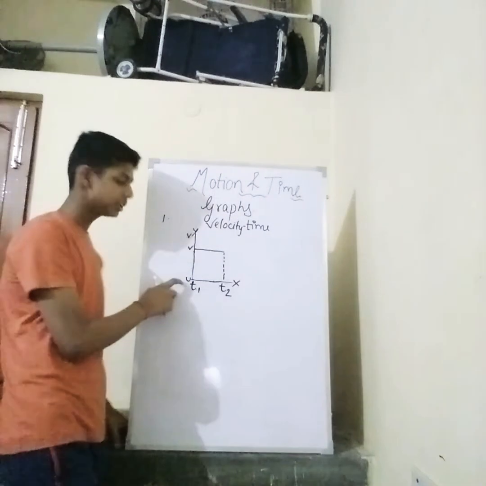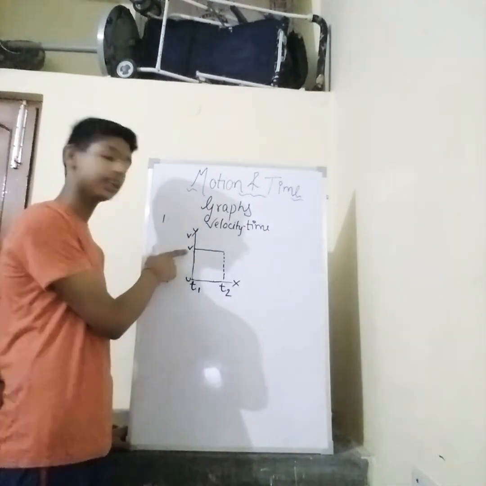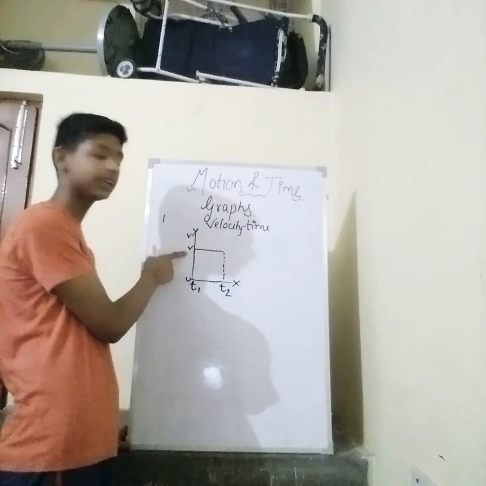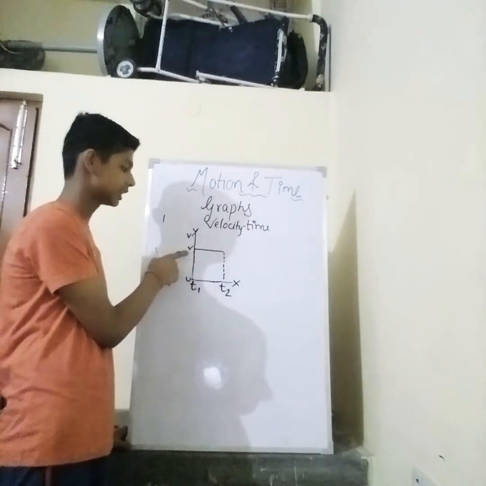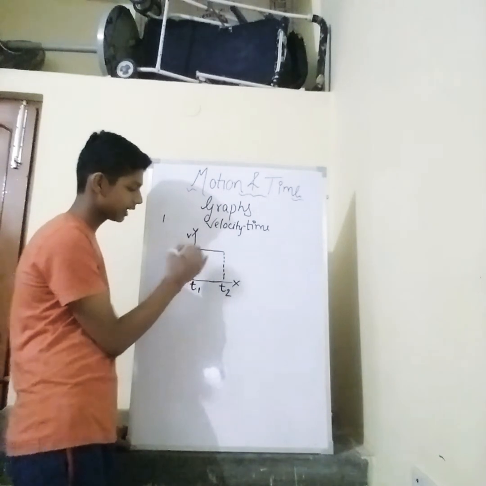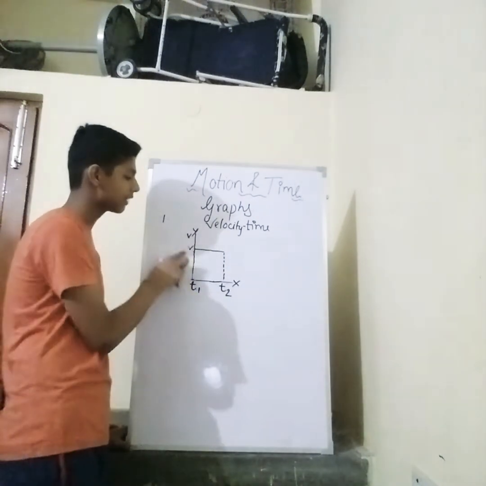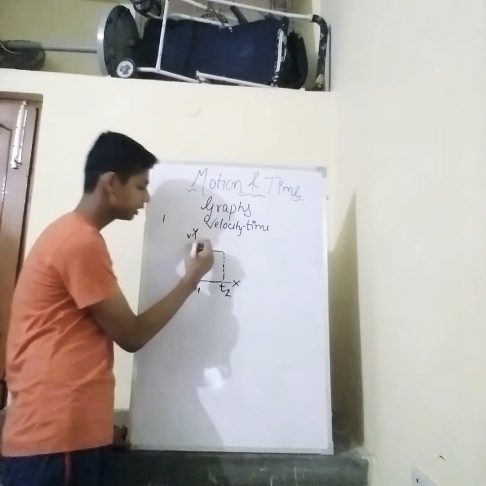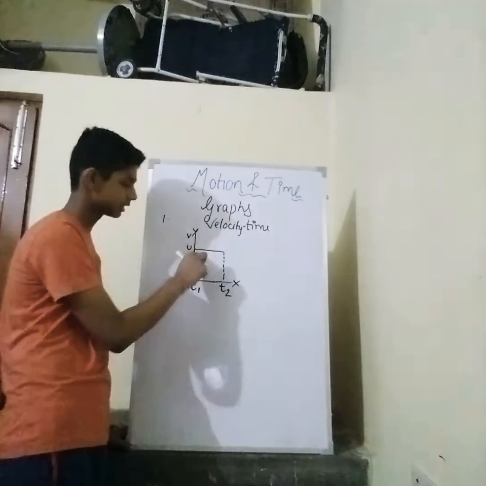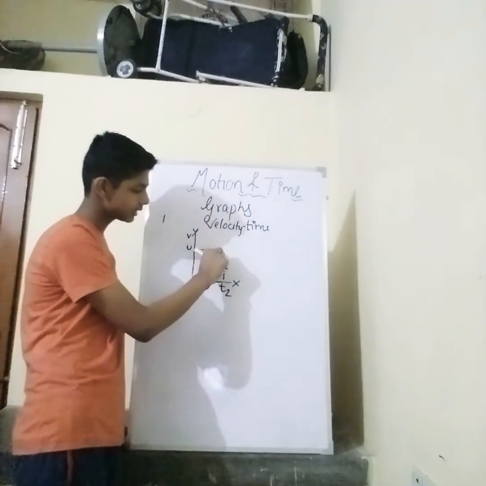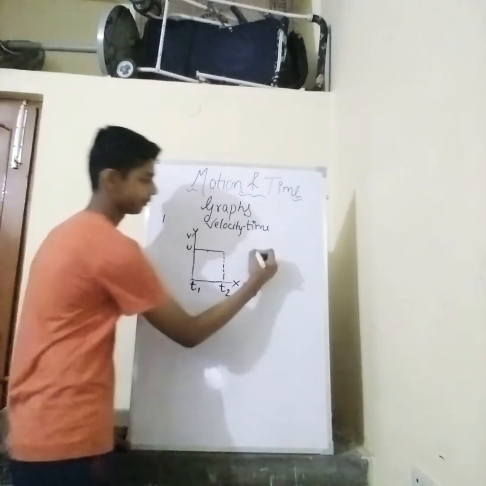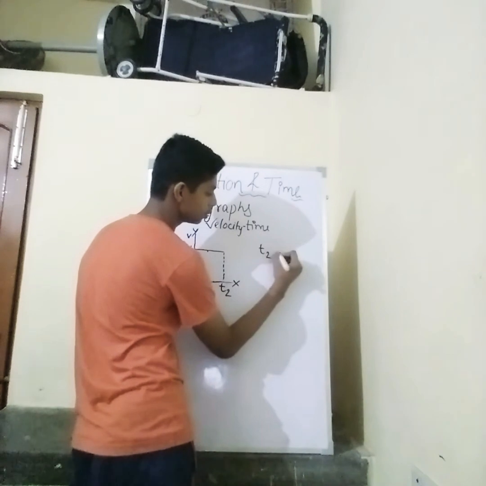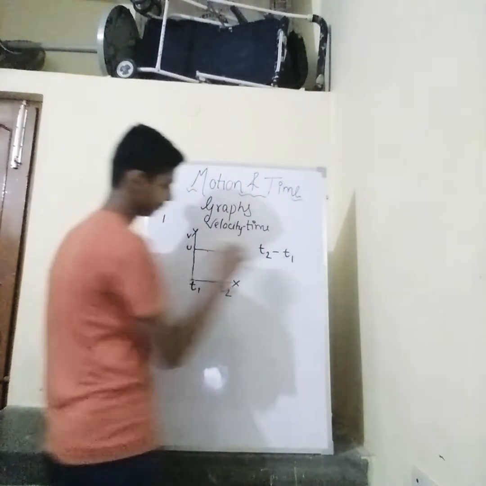Then our u is 0 and the starting or initial velocity of the journey is v, which is the final velocity. If we start from there, our starting velocity will be u. Its value will be t2 minus t1.